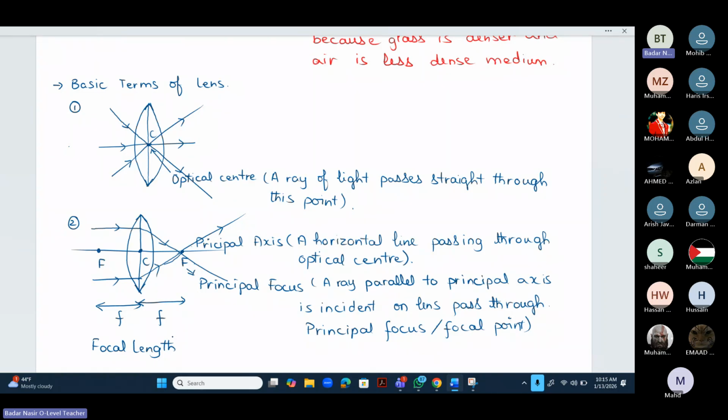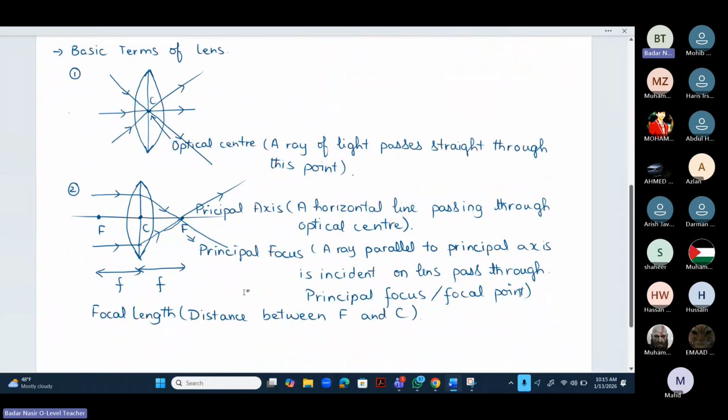The distance between the optical center and the focal point, between F and C. So these are the general basic terms: optical center, principal axis, principal focus or focal point, and the focal length. These are the general things that we need to know.